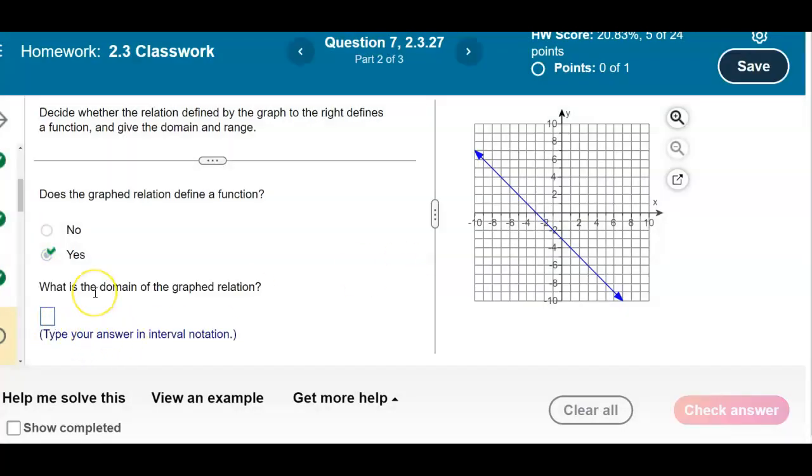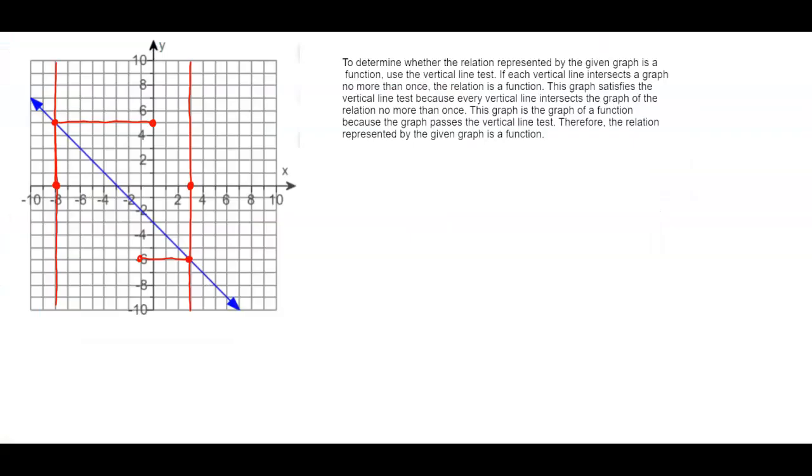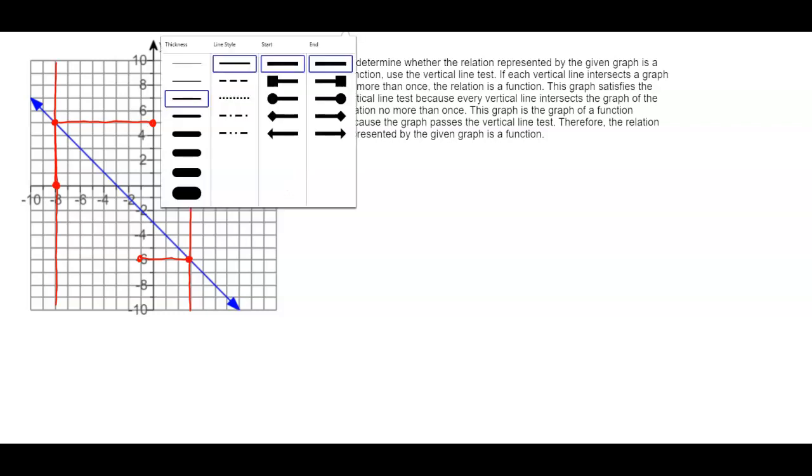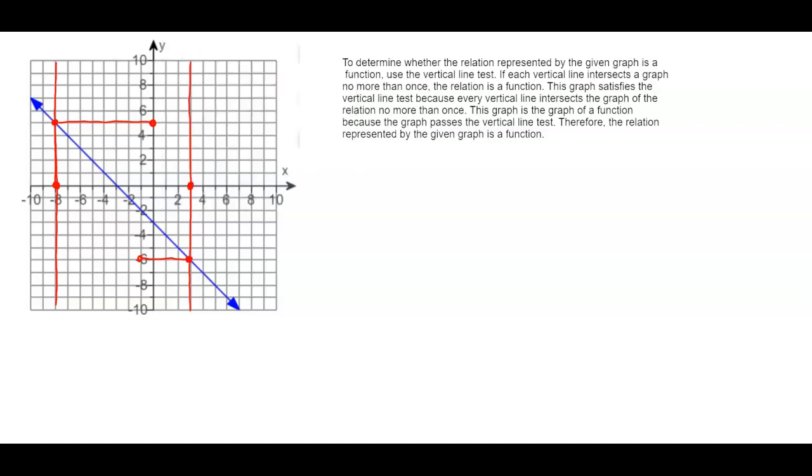Now we have to determine what is the domain of the graph relation. In order to find the domain of this function, we need to take a look at all the x values that correspond to this function that's graphed.